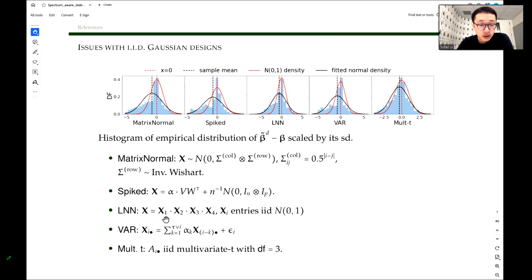And the third one is you multiply a bunch of normal entry designs together to get a matrix. The fourth one is you have vector auto-regressive rows for your design. And the fifth one is each row has a multivariate t distribution. As we can see, if the design is not so nice, this method no longer holds up.